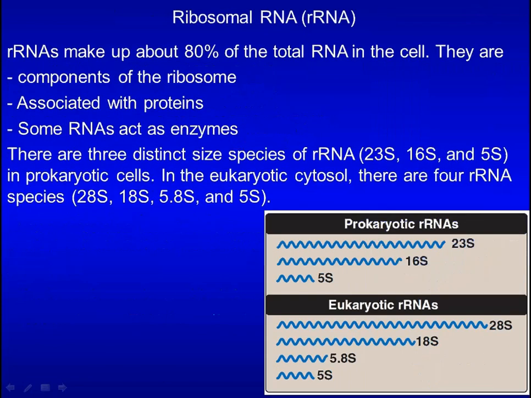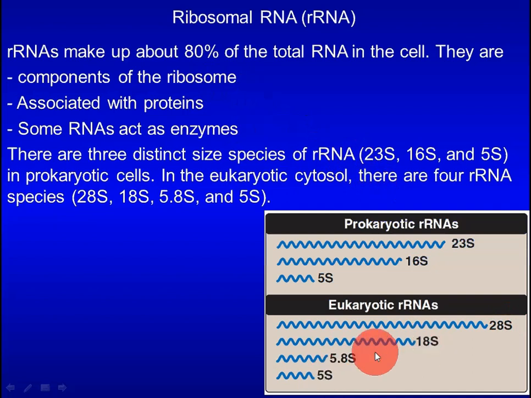rRNAs make up the largest portion of the total RNA in the cell. They are components of the ribosome. They are associated with proteins. Some RNAs act as enzymes, such as 28S RNA. In human cells, there are 4 rRNA species: 28S, 18S, 5.8S, and 5S.